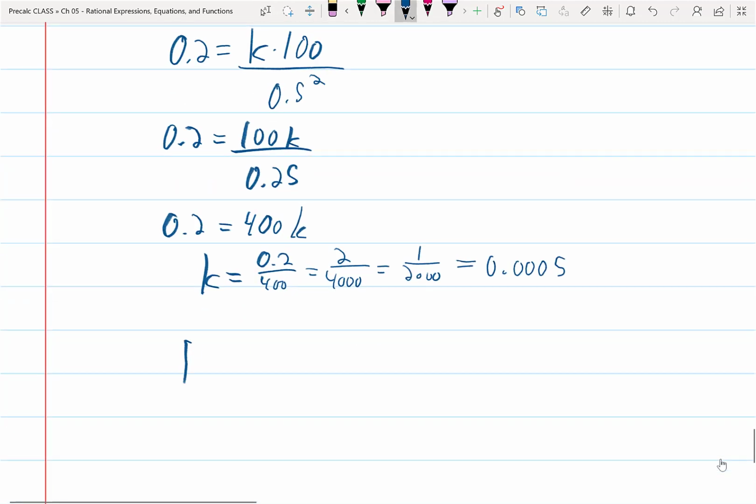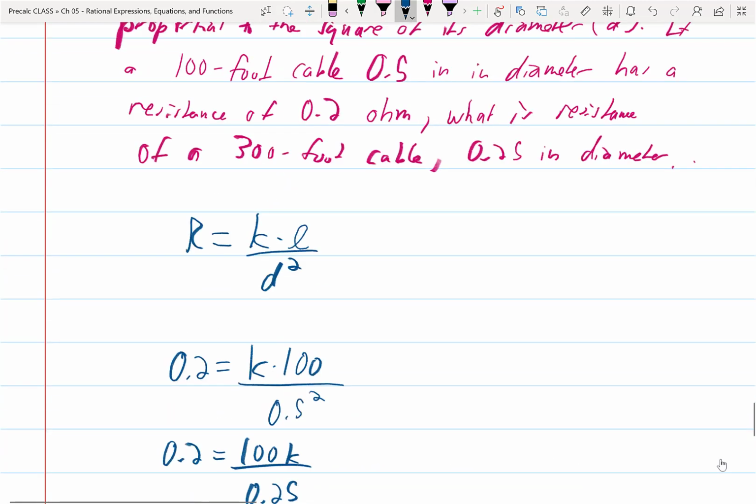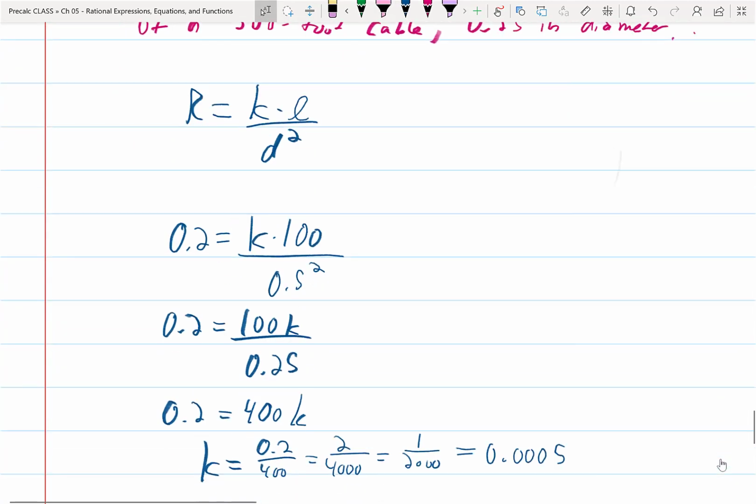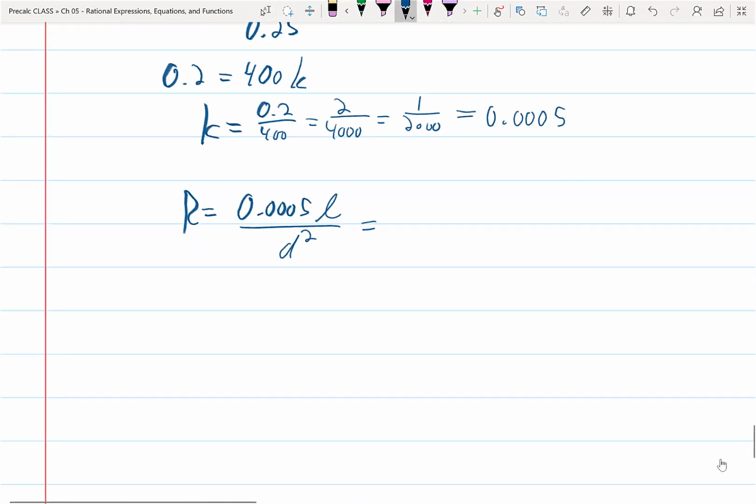So that means I know that R is equal to 0.0005 times L over D squared. And then I'm going to go back up and see what the problem wanted. 300-foot cable, 0.25 in diameter. So 0.0005 times 300 over 0.25 squared.